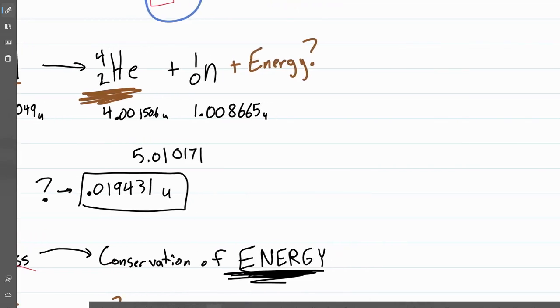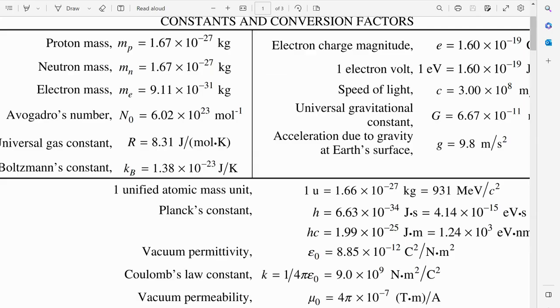Well, we have this equation, E equals mc squared. I'll give you a hint. There are two useful ways to do this. One, we could do energy in joules, mass in kilograms, and speed of light in meters per second. Or, if we take a look at our equation sheet, there are two other units of mass.